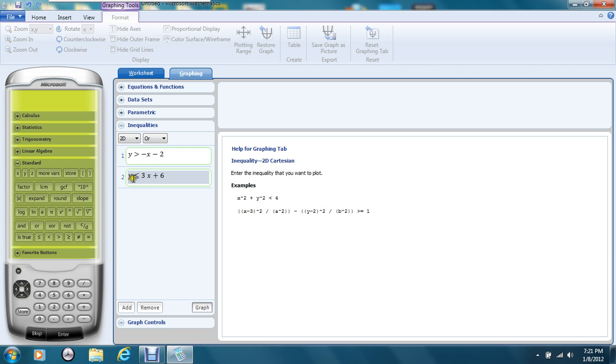Now, the second equation is also in slope-intercept form. The y-intercept here is 6, so we would put 6 on the y-axis, and then we could go up 3 over to the right 1 to get the slope of 3. That line will be solid because it's less than or equal to.